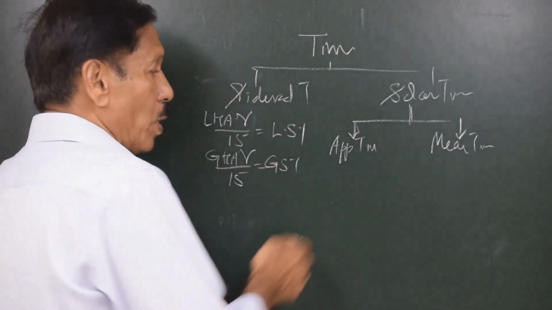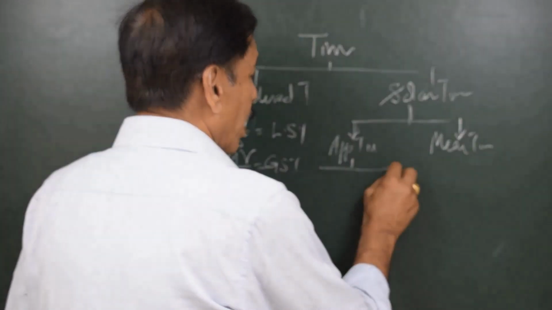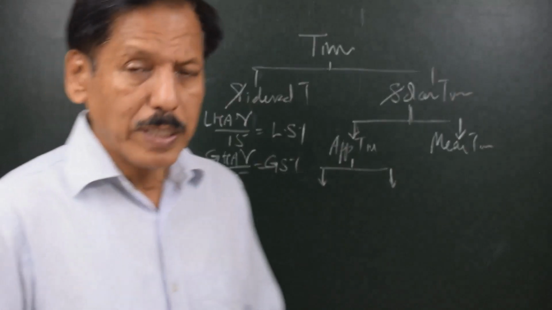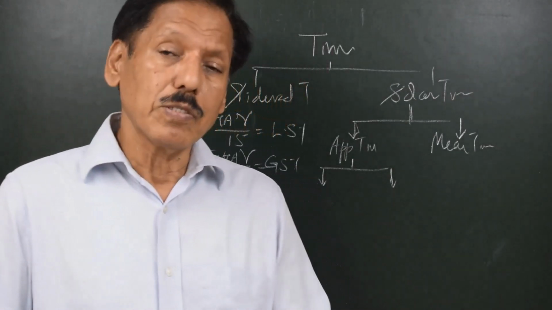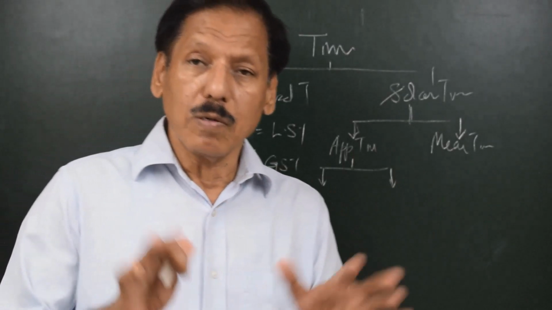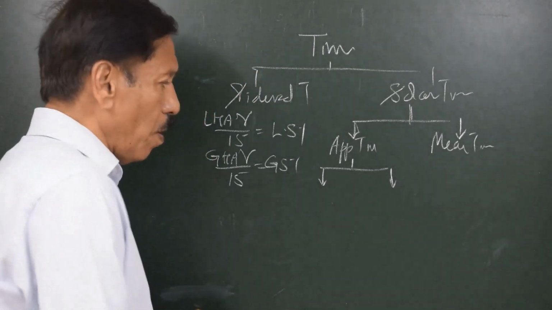Okay, now what is apparent time? Many books say the time is measured from the inferior meridian, the lower meridian. No, I don't want to trouble the inferior meridian. I have a simple formula.